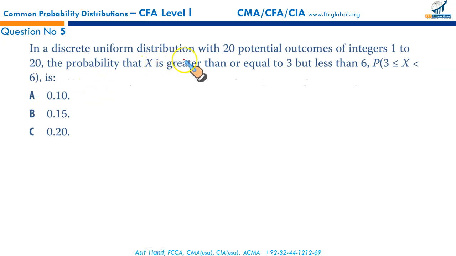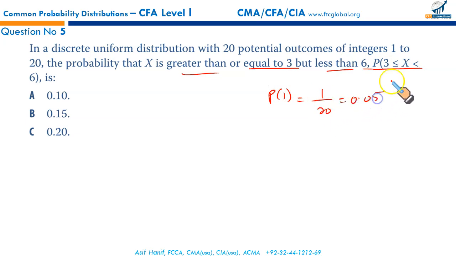In a discrete uniform distribution with 20 potential outcomes, integers 1 to 20, the probability that x is greater than or equal to 3 but less than 6, and he has given you the notation, P(3 ≤ X < 6), is... Now first of all, we need to determine the probability of each outcome, starting with 1. 1 out of 20, that is 1/20, meaning 0.05.